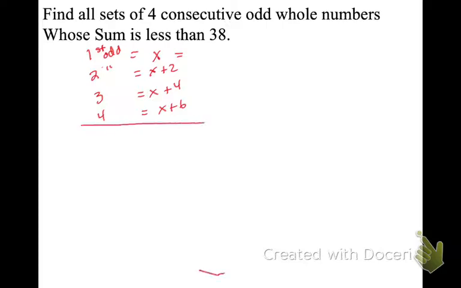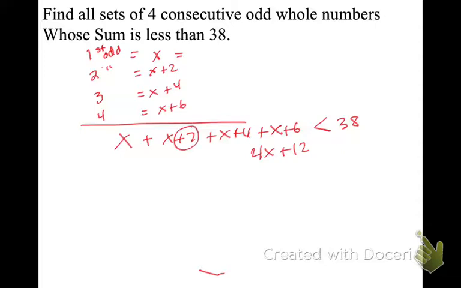So we have to add those up, and I get X plus X plus 2 plus X plus 4 plus X plus 6. It has whose sum is less than 38. So we get 1, 2, 3, 4x, 2, 6, 12 plus 12.